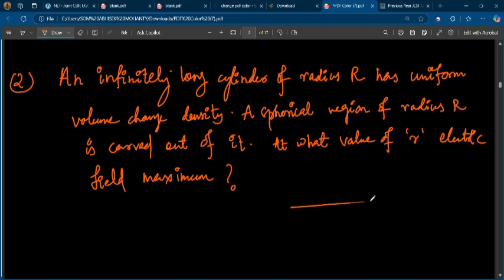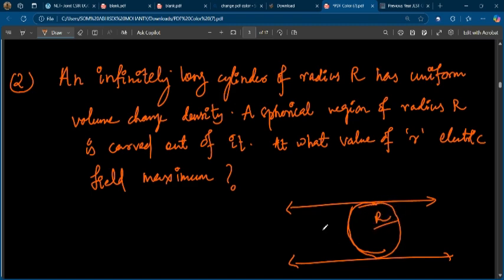Infinitely long cylinder, and inside it there is a solid spherical region of radius R. This is an infinite solid cylinder. At what value of r is the electric field maximum from the center? So let's try.